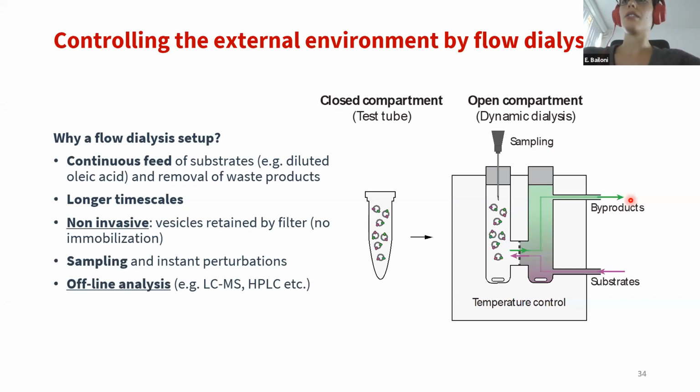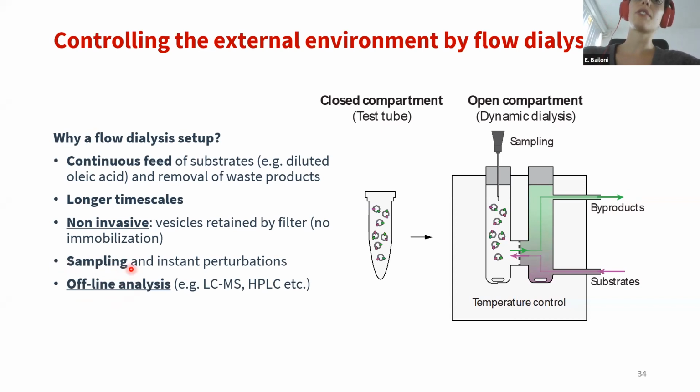And flow dialysis is the best technique to give us that, because there is no need for tethering or chemical modifications of the vesicles whatsoever. We just apply them into a compartment and the filter will do the job. And also, importantly, we want to be able to sample the vesicles for the same reason that we want to be able to analyze them later on.